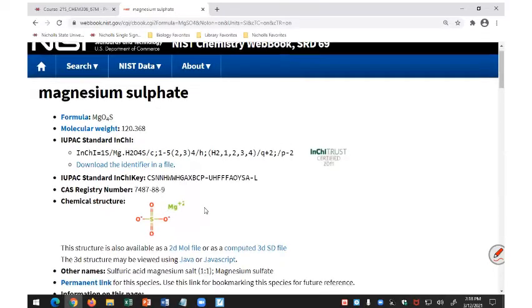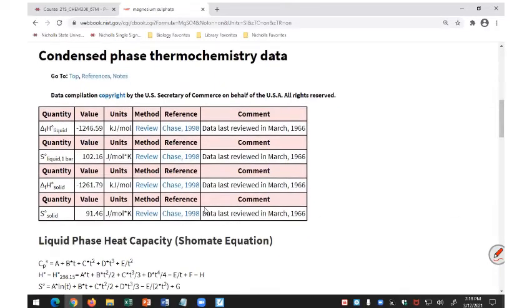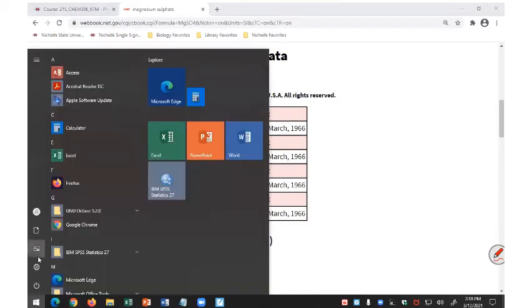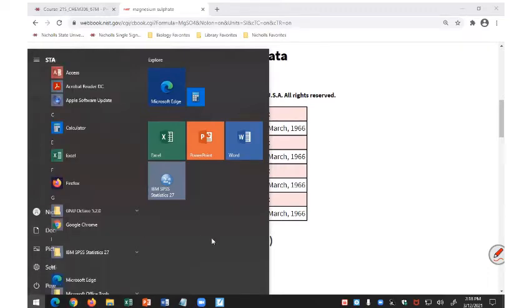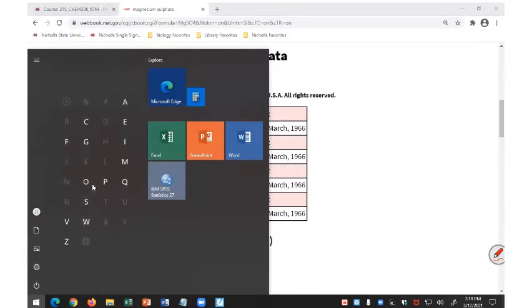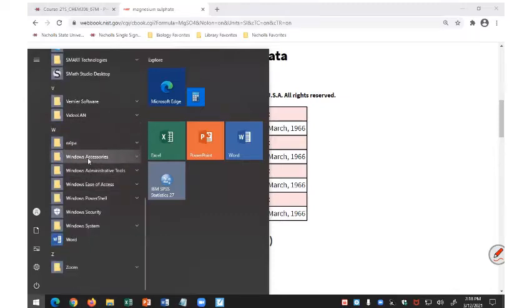And let's see. There's magnesium sulfate. We got lucky. And there it is. So do a screenshot of that. Let's do a snip. Where's the Windows accessory snipping tool?